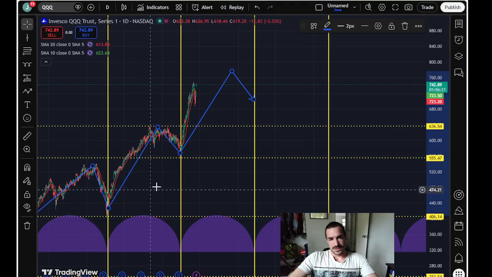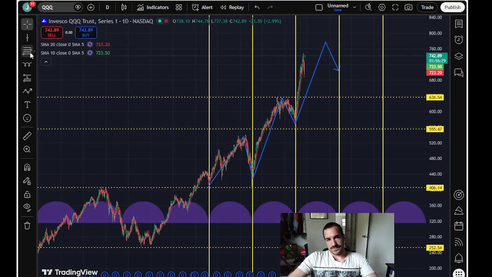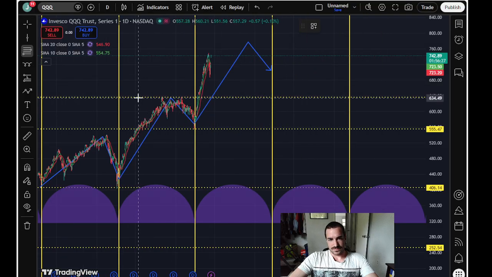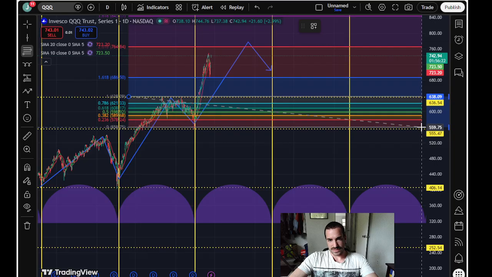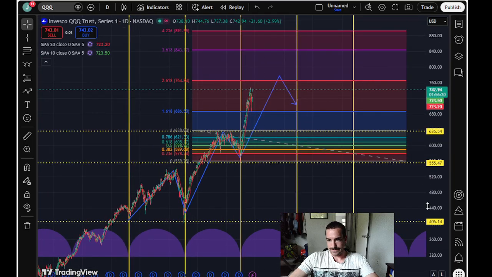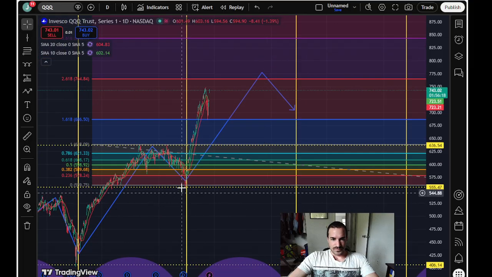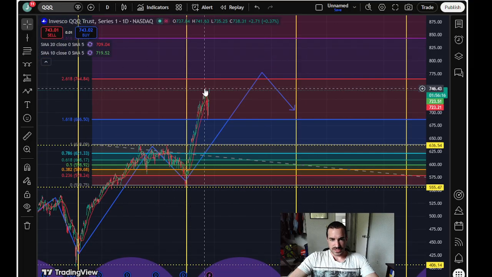So do a Fibonacci retracement from the most recent low in March, and that gives you your levels. So look at that. It broke through the first Fibonacci retracement. It bounced off of it.